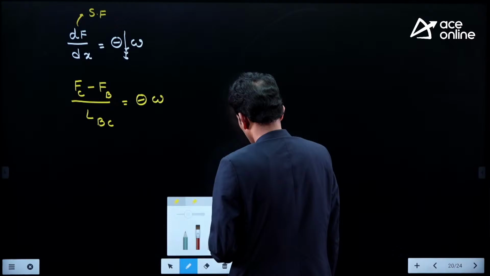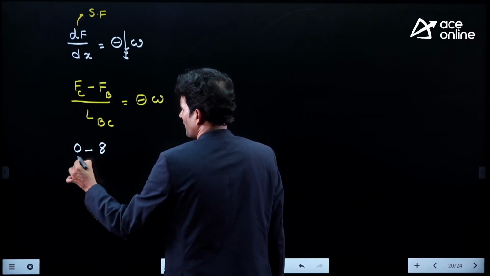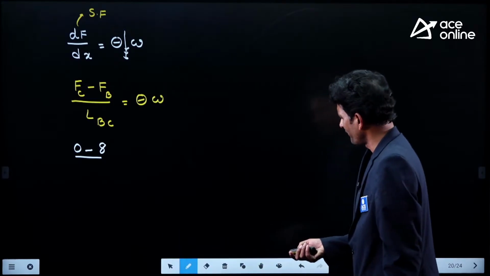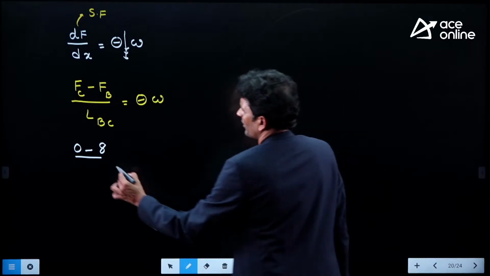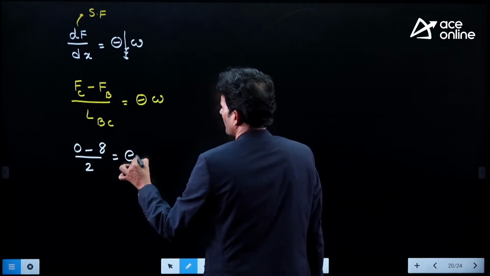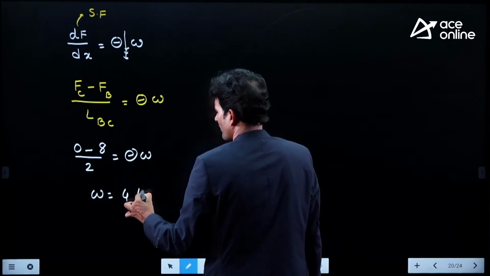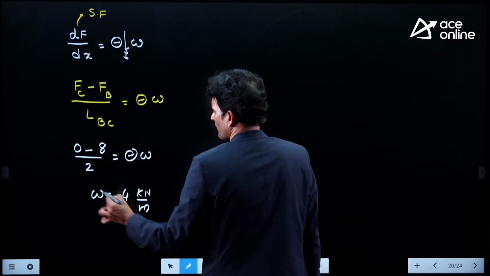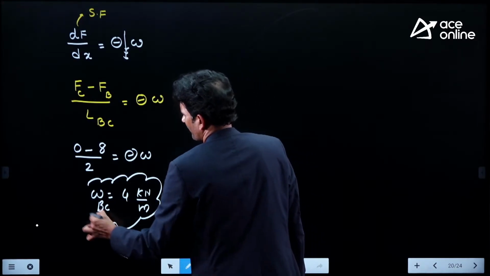Shear at C is 0 and shear at B is 8 units. Length of BC is 2 meters. So omega equals how much, my dear friend? 4 kilonewton per meter. So omega in the BC segment is 4.